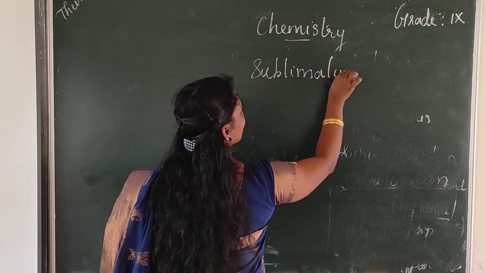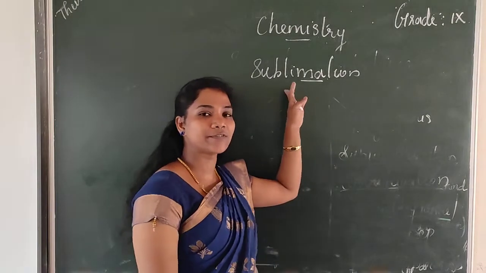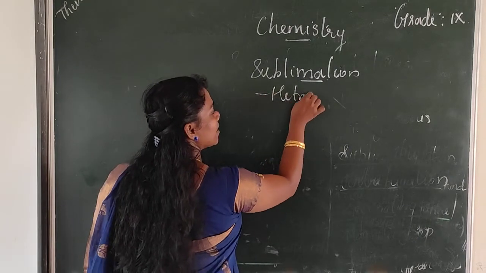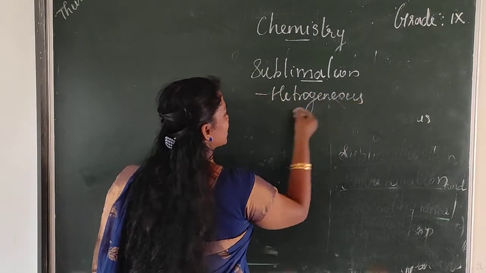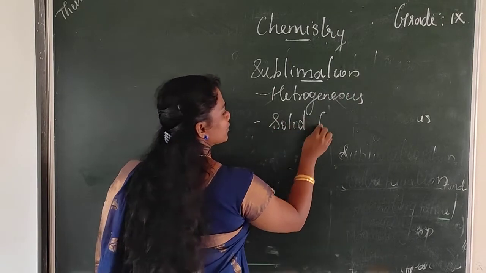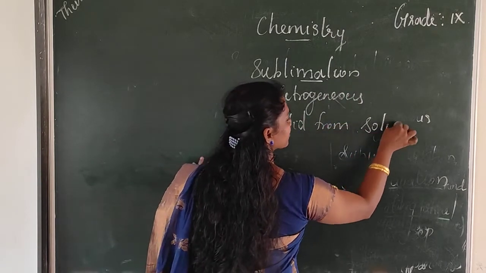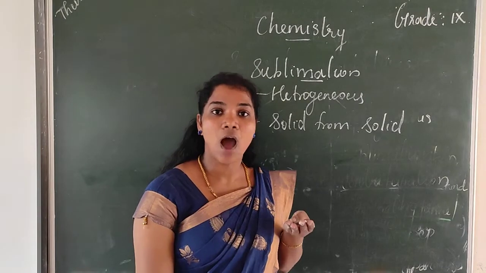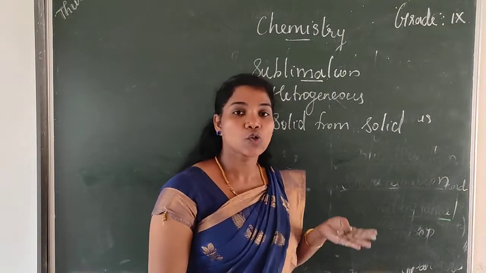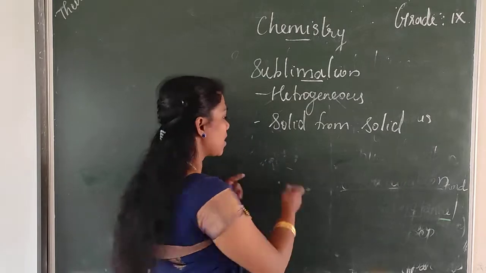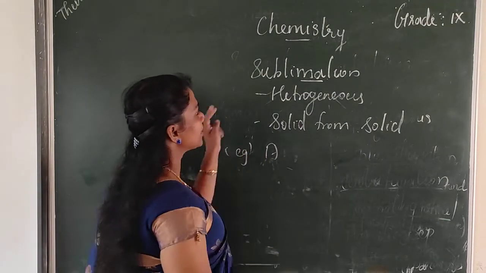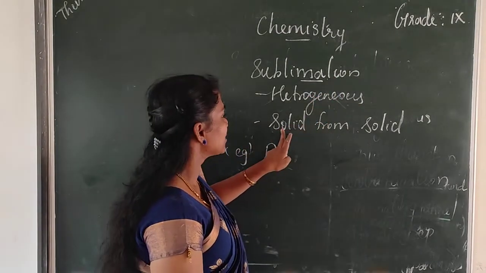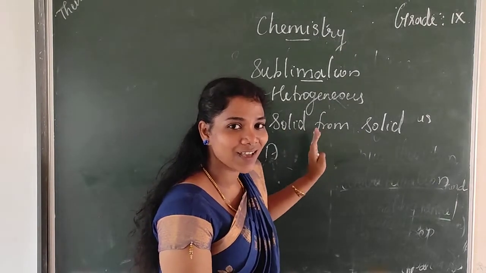This technique comes under where? This physical method is used to separate which mixture? Heterogeneous mixture. What type of heterogeneous mixture? It is used to separate solid from solid, where both the components are solid in nature.